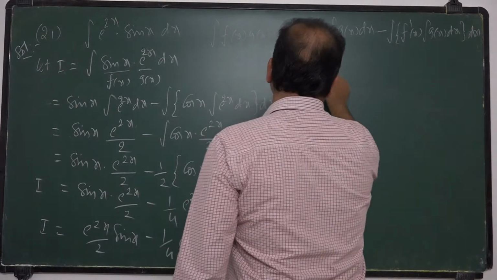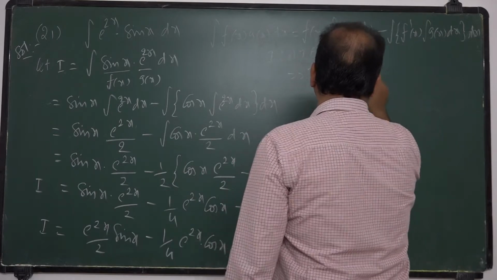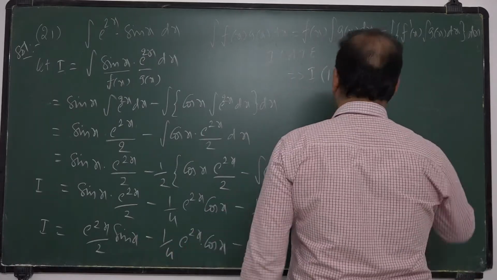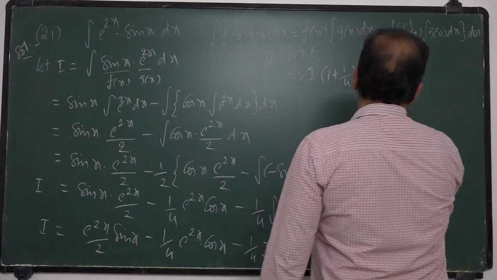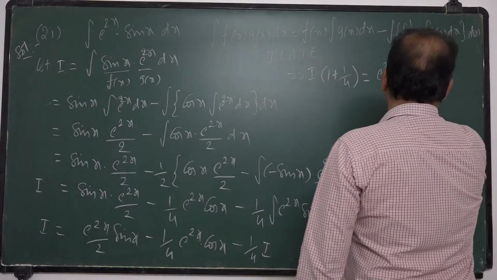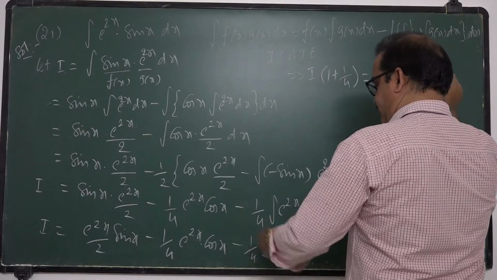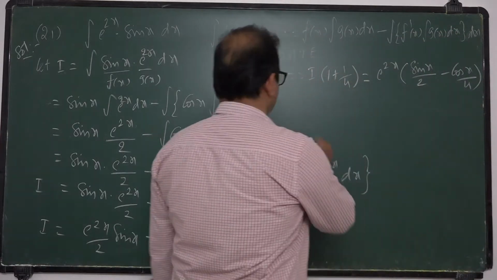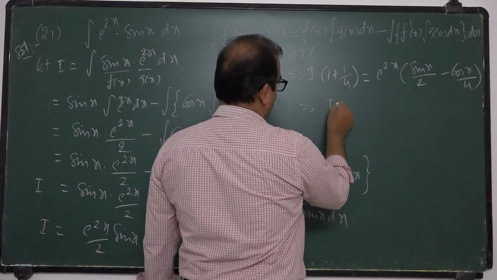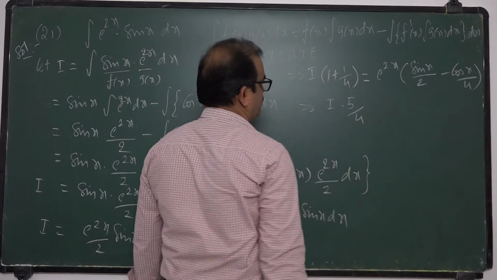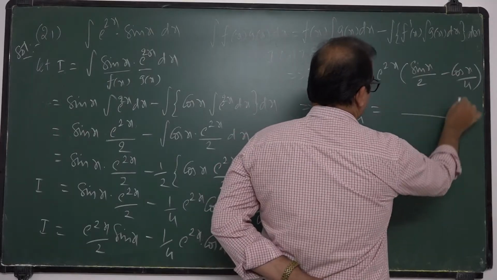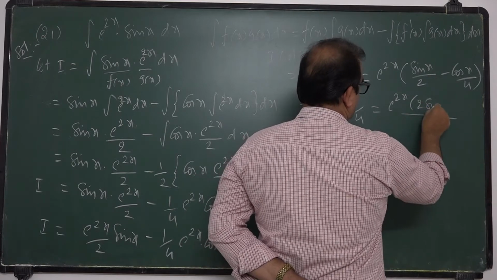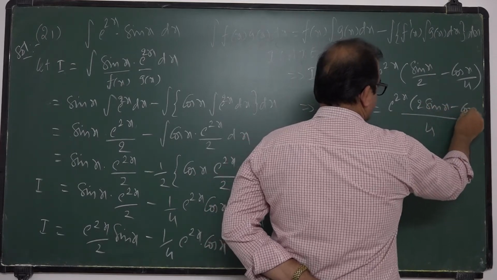It becomes I into 1 plus 1 by 4 is equal to, from these two terms we take e power 2x common. It becomes sin x by 2 minus cos x by 4. 1 plus 1 by 4, 5 by 4, is equal to, LCM is 4, 2 sin x minus cos x.